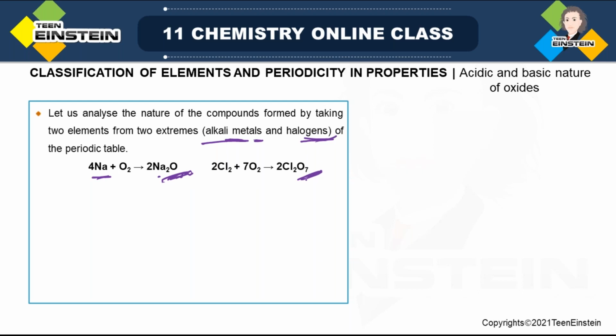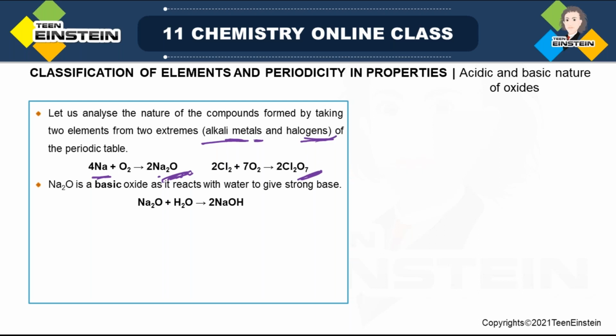Now, it is also true that it is not the only oxide of chlorine, basically chlorine can form other types of oxides also, but we have taken this one, Cl2O7. Now among these two oxides, as sodium is metallic in nature, Na2O will be a basic oxide, and chlorine is non-metallic in nature, it will be an acidic oxide.